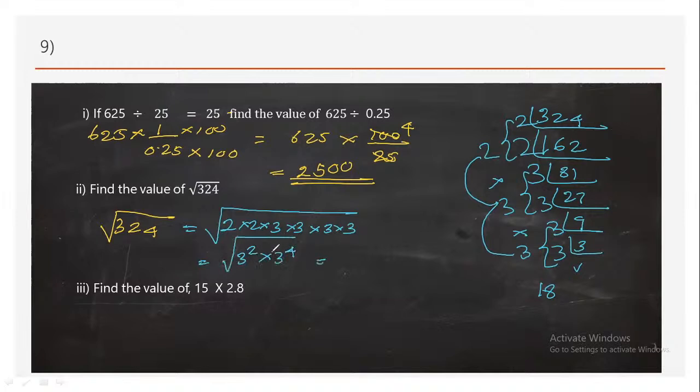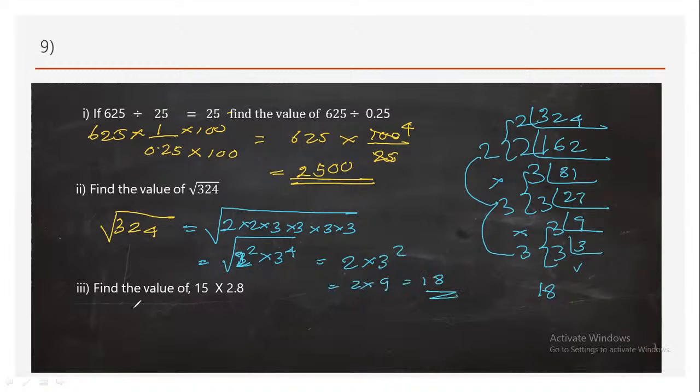When we are finding the square root, you can divide the powers by 2. So 2 into 3 to the power 4, this power divided by 2, 3 to the power 2. 2 times 9, 18.